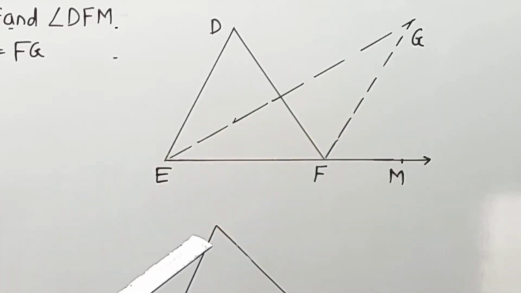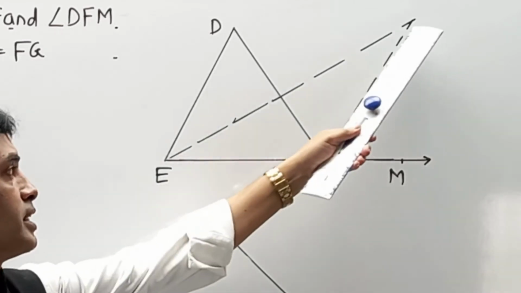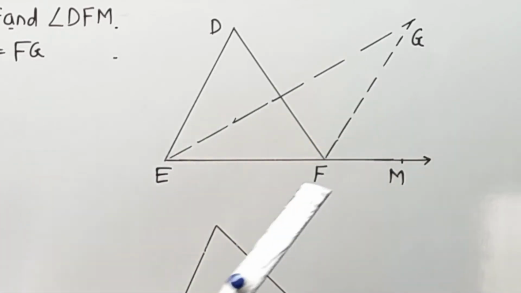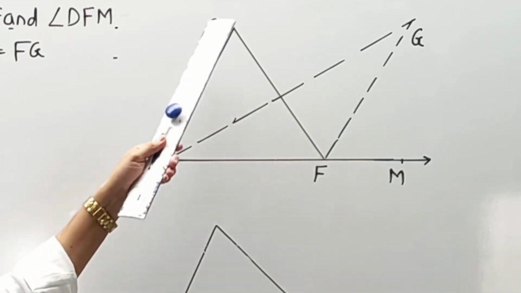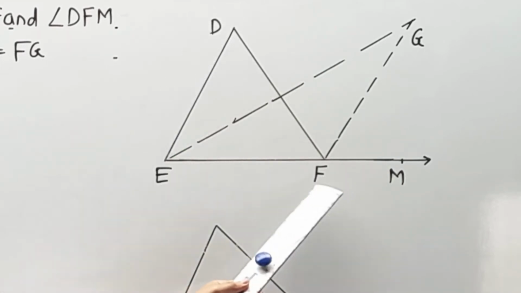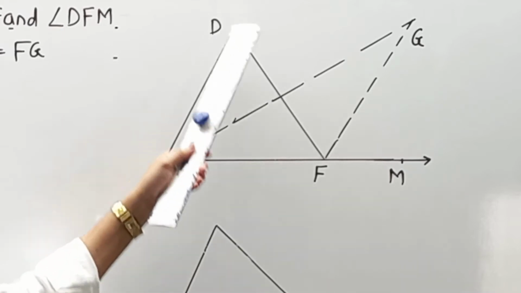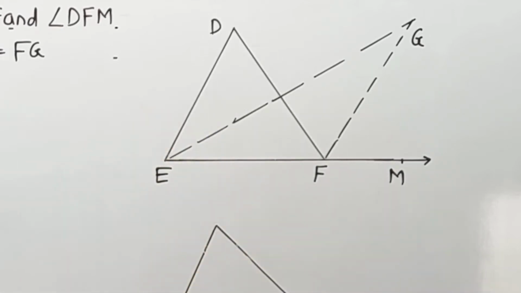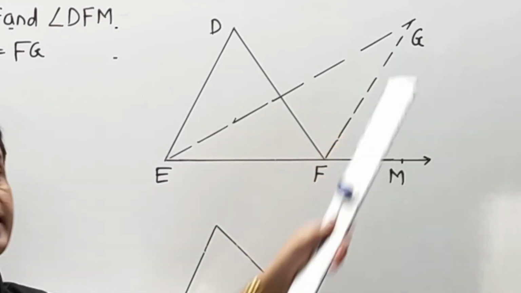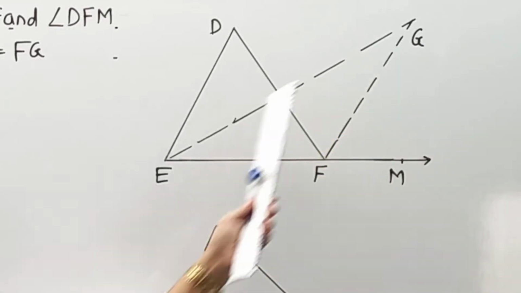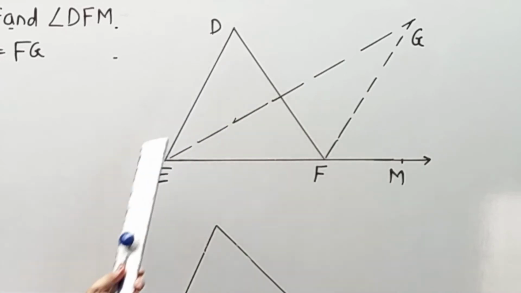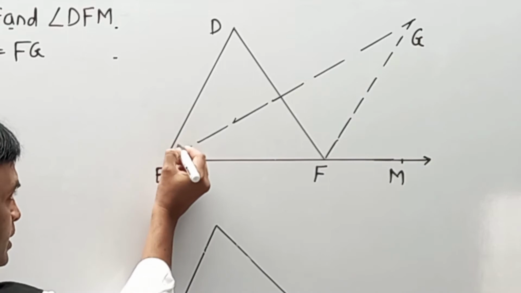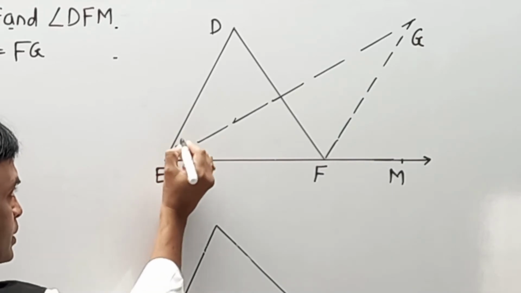Next, ray EG and ray FG are angle bisectors of angle DEF and angle DFM respectively. It means you should know that EG is an angle bisector of DEF, which means we can say that this angle is congruent with this.